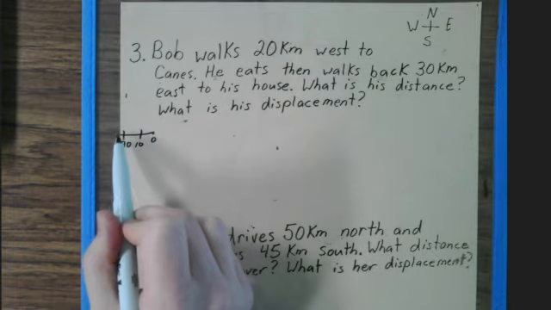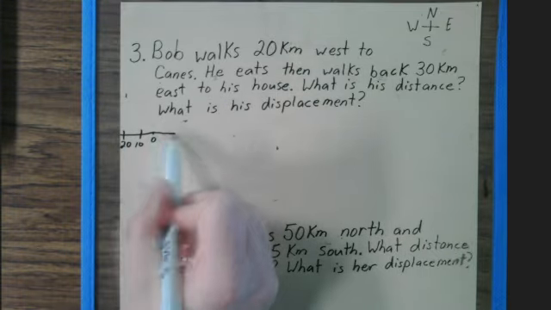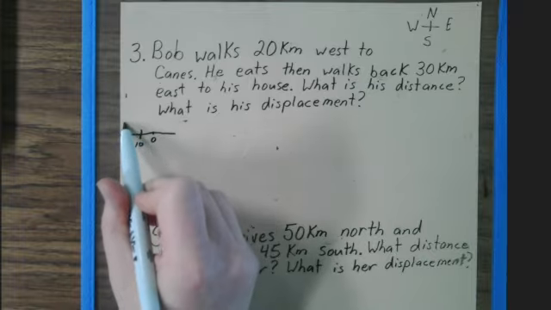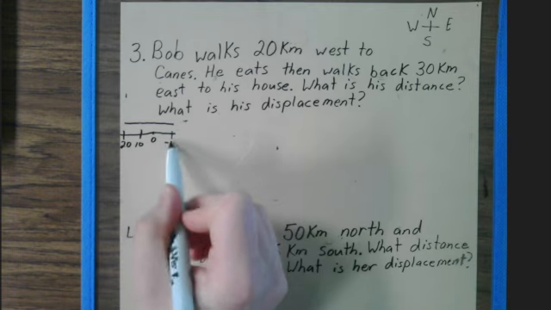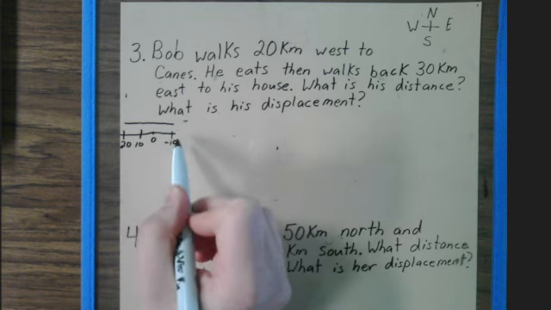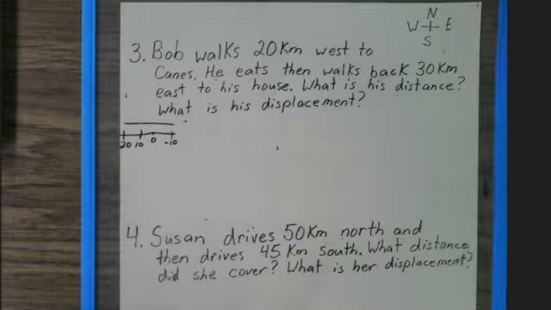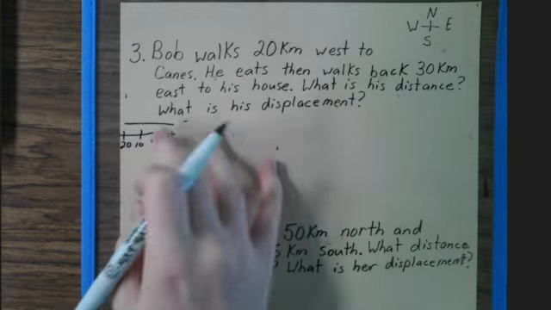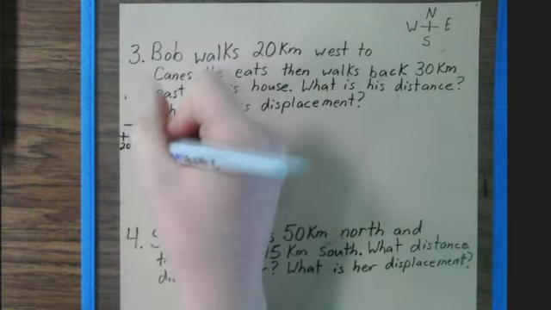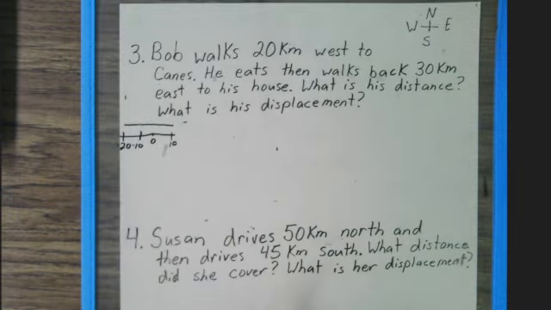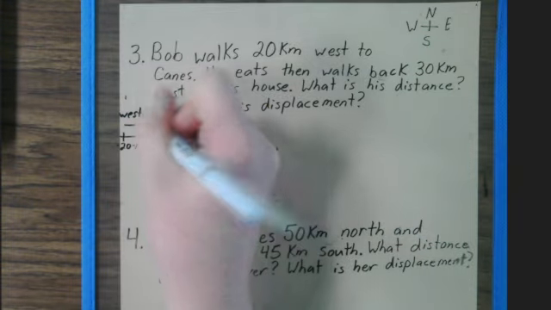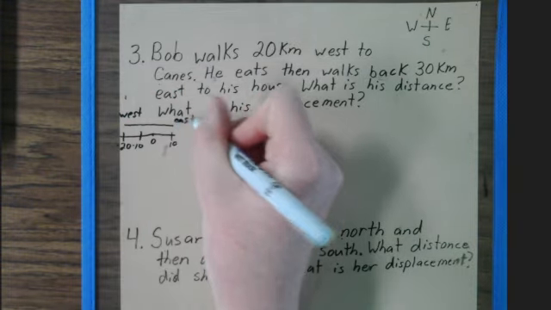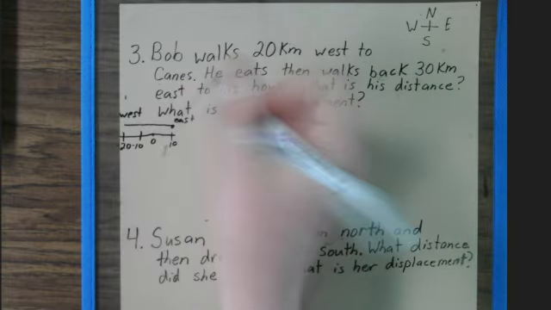He ends up going 20 kilometers and then he goes back 30. 10, 20, 30, and ends up here at negative 10. Sorry, he ends up at positive 10. Over here are the negatives. Negative 20 and negative 10 are over here. Here is west on this side, and here is east. So his final point's here at 10.